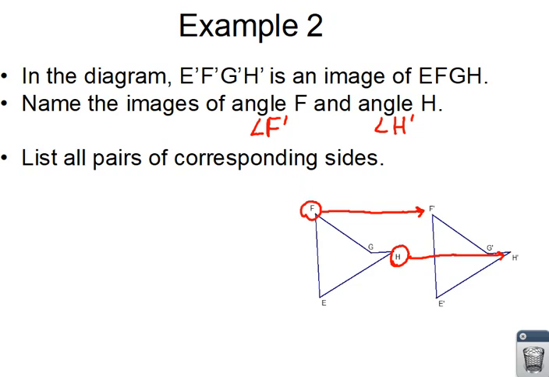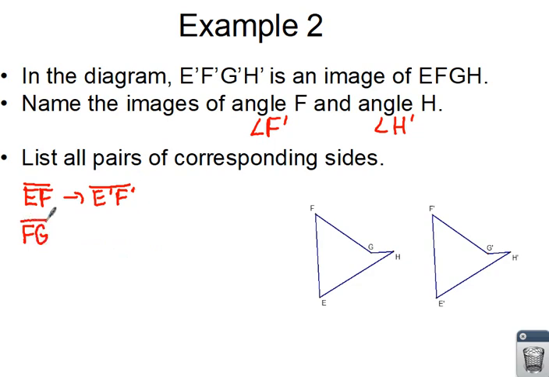And then we'll list the pairs of corresponding sides. Pairs of corresponding sides. So if I have EF, that is the same as E prime, F prime. They're corresponding. They match up. FG matches up to F prime, G prime.